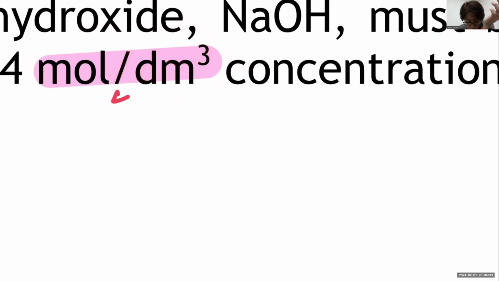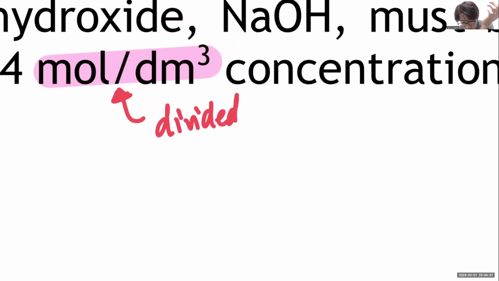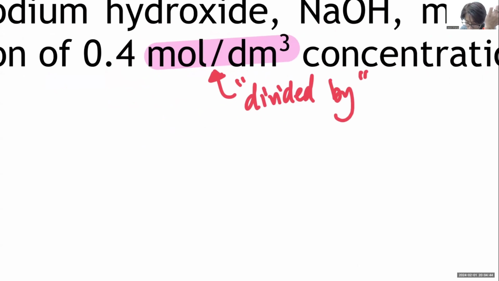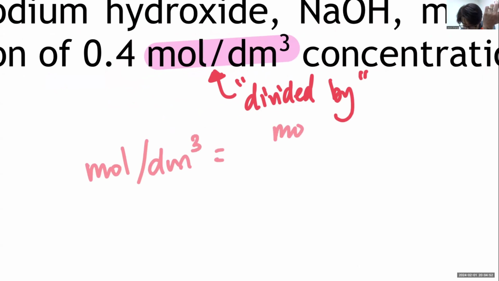Mathematically, again, just be sure we understand that this is divided by, and that's it. So let me help you understand this better. The unit for concentration is obtained by, that's it. Make sense not?